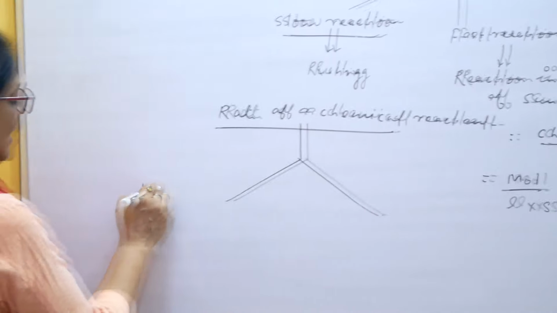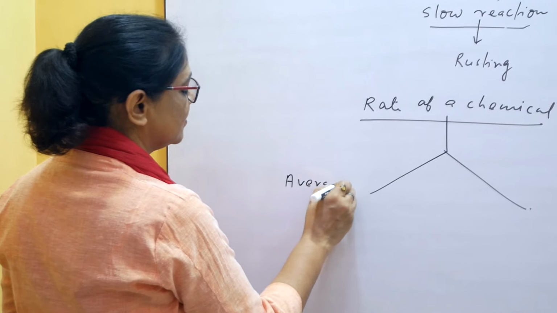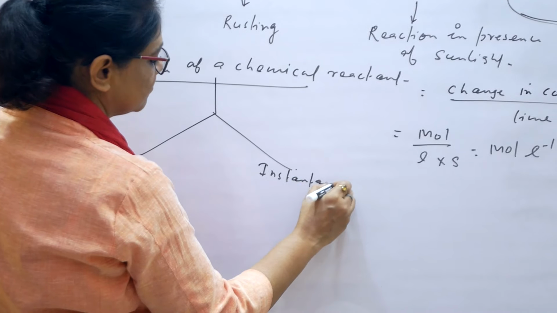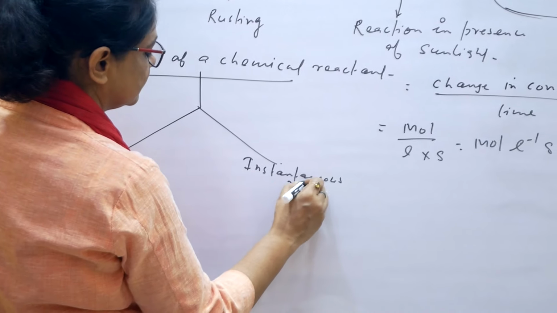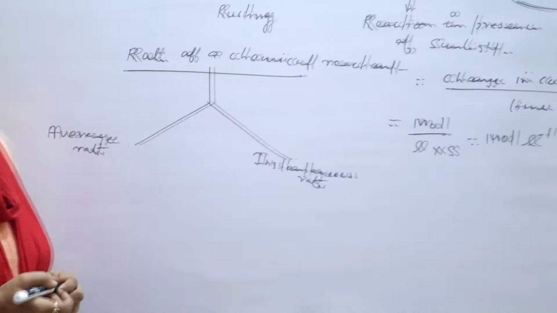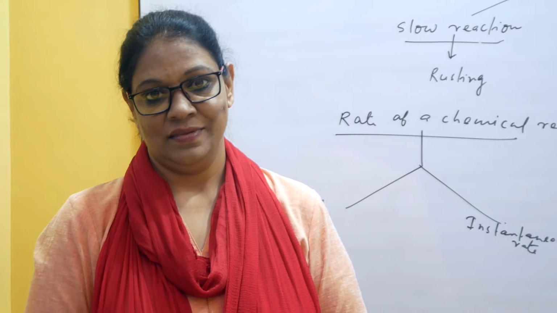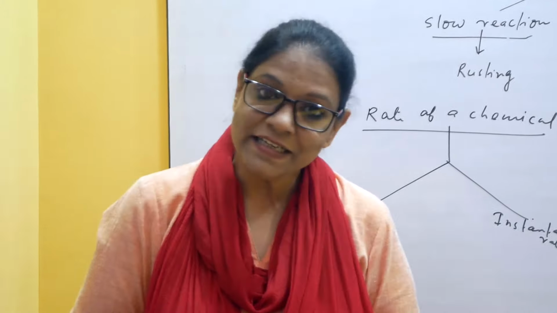First is the average rate and the second is the instantaneous rate. Average rate is that type of rate which takes place for a fixed interval of time, a definite interval of time, and we use this symbol.